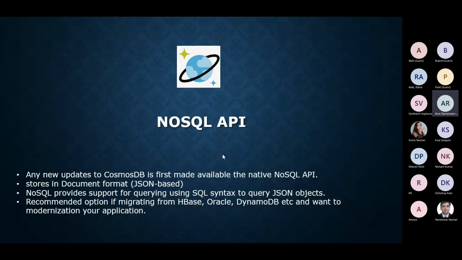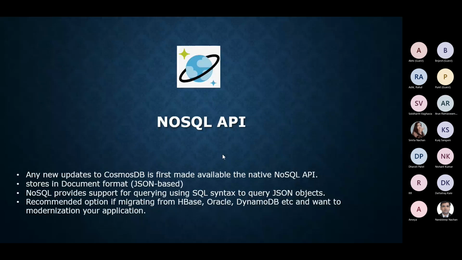Microsoft recommends this option if you are migrating from a Hadoop, HBase, Oracle, or DynamoDB (the AWS environment) environment, because it is easier to migrate those databases into the Cosmos DB NoSQL API.